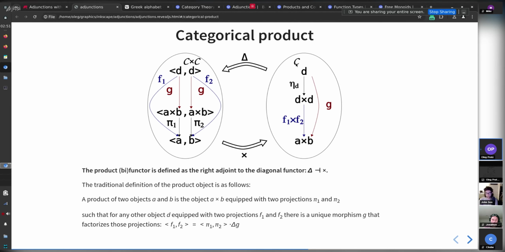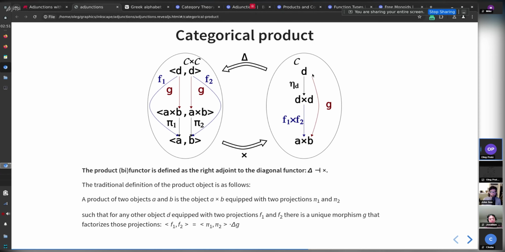So we take a category C and we construct a product category, C cross C, a product of C with itself. Now we consider the functor delta, which is called a diagonal functor.